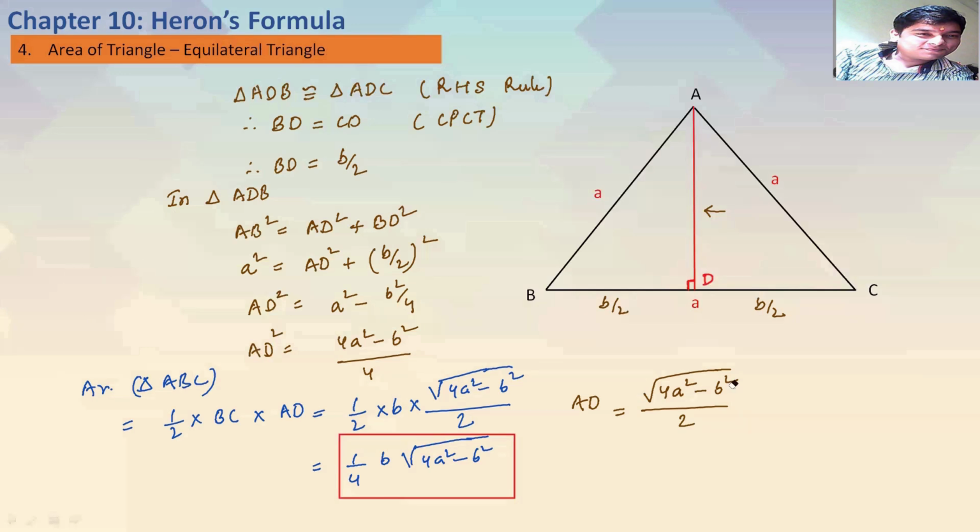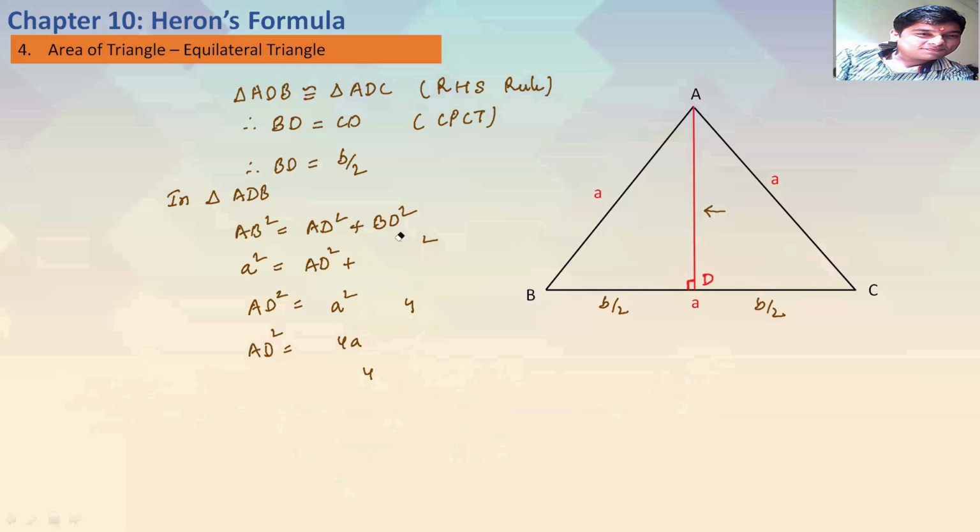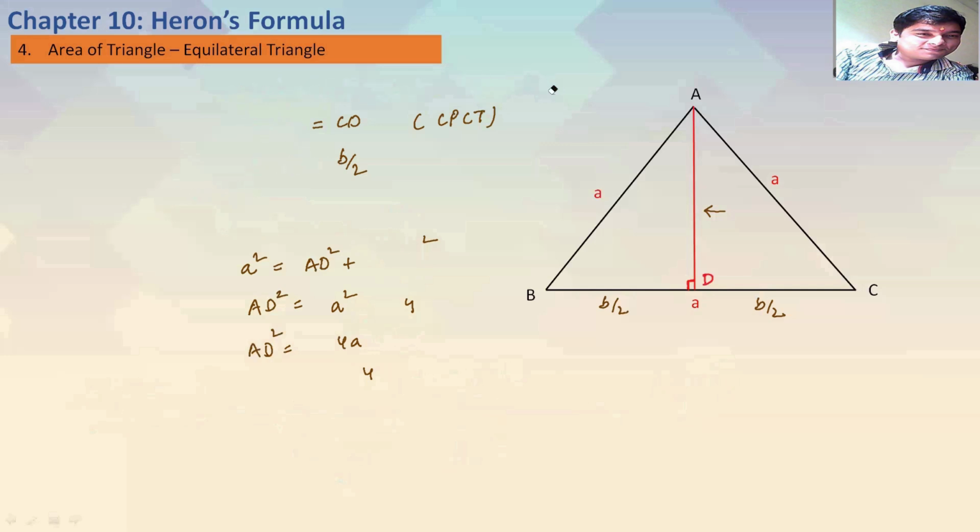Do you see an equilateral triangle here? It's A, right? All three sides are A, right?